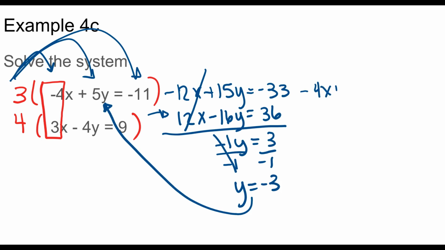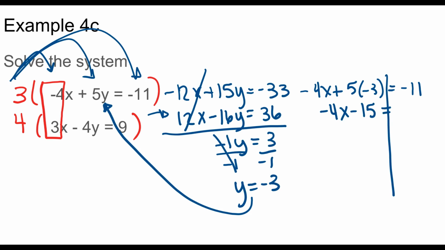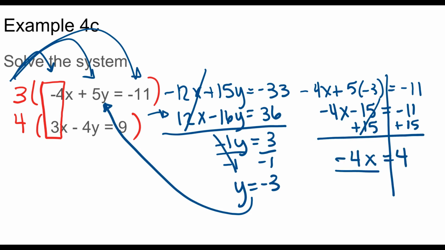We get negative 4x plus 5 times negative 3 is equal to negative 11. Negative 4x minus 15 is equal to negative 11. We'll add 15 to both sides. We get negative 4x is equal to positive 4. Divide both sides by negative 4, x is equal to negative 1. So the answer is negative 1, negative 3.